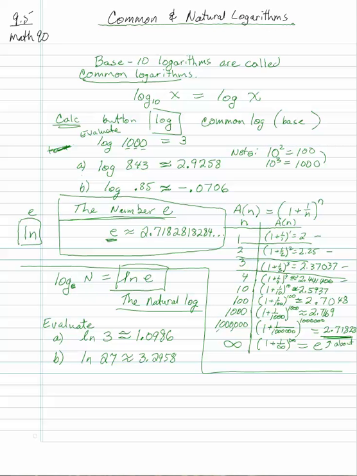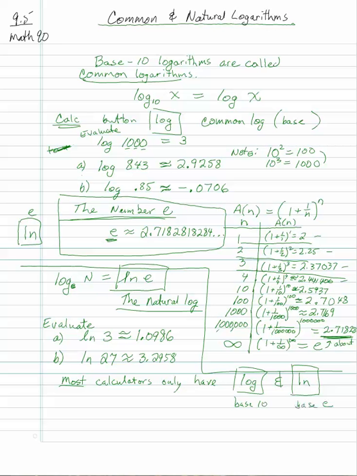Some newer calculators let you put in whatever base, but most calculators only have log, the common log, and ln, the natural log, which is base e. So base 10, base e.